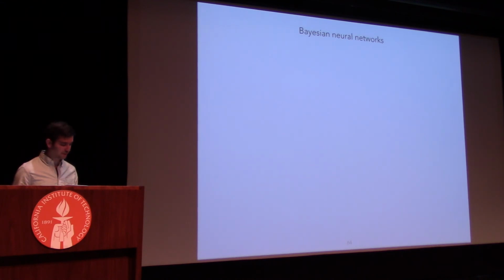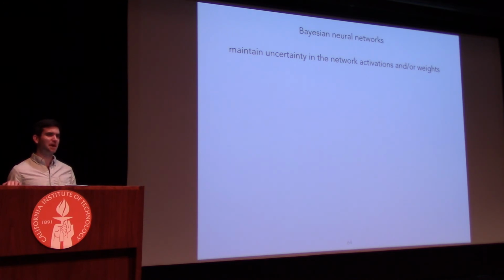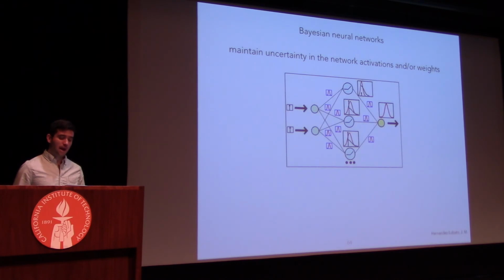Another exciting idea is Bayesian neural networks. Up to this point, we've just been calculating a specific value, but what if we had some uncertainty on our weights, or in the activations of our network, and had actual distributions for each of these values?